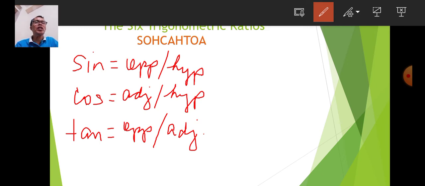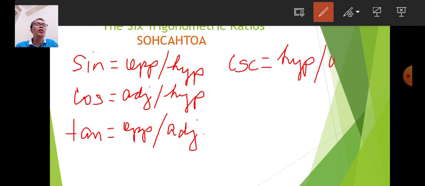The reciprocal of sine is cosecant. If cosecant is the reciprocal of sine, and sine is opposite over hypotenuse, therefore cosecant is hypotenuse over opposite. And the reciprocal of cosine is secant.